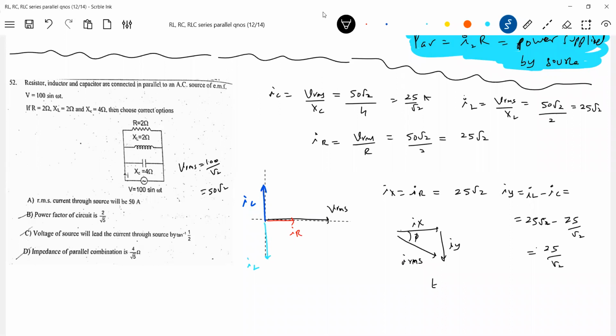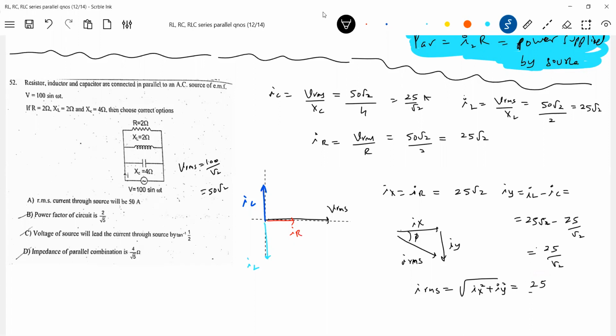So tan phi. Now first we'll calculate IRMS. IRMS equals the square root of Ix square plus Iy square. So we'll get the total IRMS. Ix square will be 25, which comes outside, and we get 25 root 5 by 2.